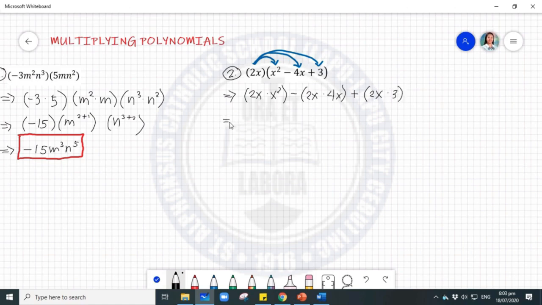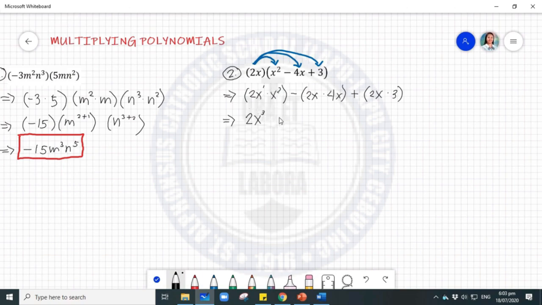Now multiply 2 times the imaginary 1 here. So basically it's also still 2. There is an imaginary exponent of 1. So 1 plus 2, we're going to add them.